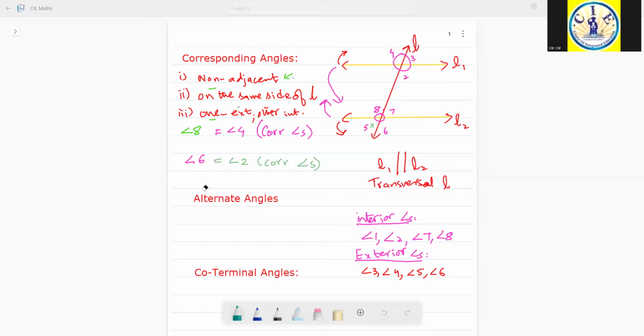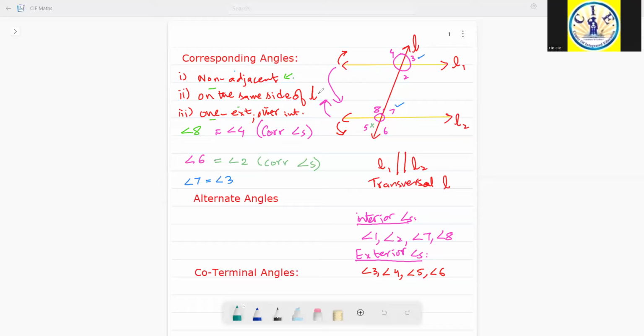Okay. When we talk about angle 7, its corresponding angle will be angle 3. Why? Because both are non-adjacent. These are not interconnected.